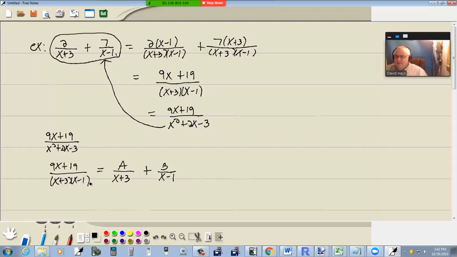So we want to get rid of the fraction. So we multiply everything by the LCM of all your denominators. So I multiply both sides, or everything, by x plus 3, x minus 1.